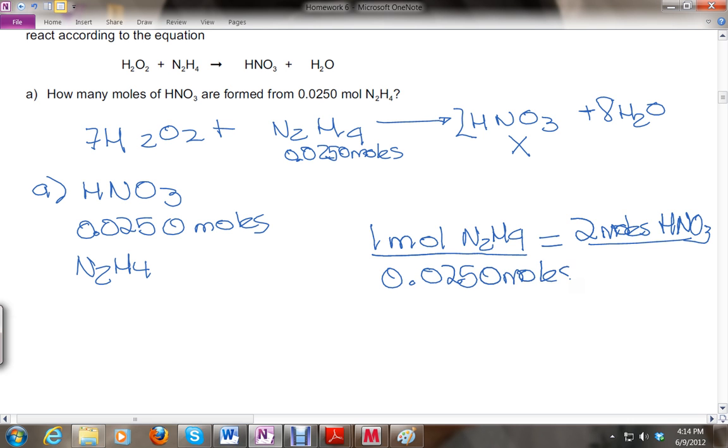How many moles of nitric acid would you get having this amount? So it's going to be again this many moles of N2H4 with hydrazine moles. By the way, the hydrazine, how do you name it? It's dinitrogen tetrahydride. Okay.